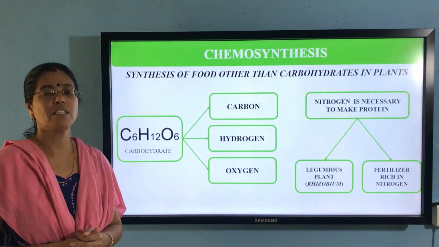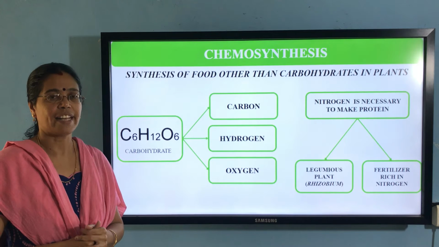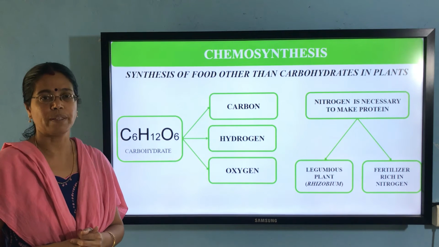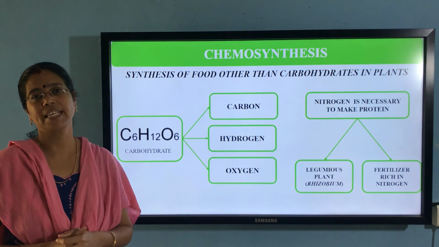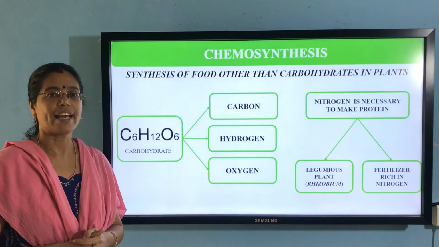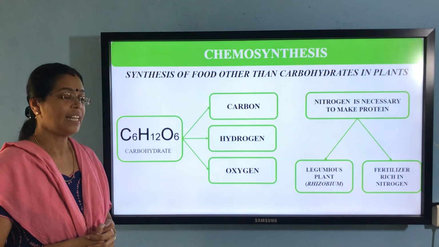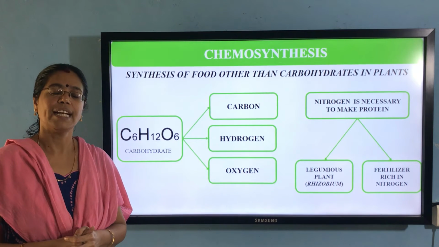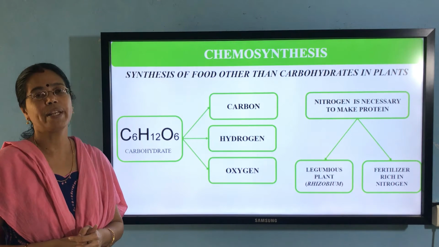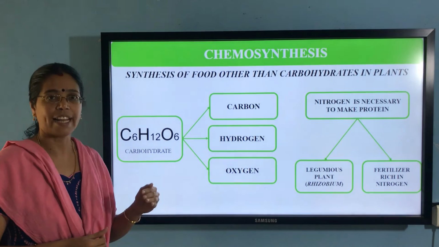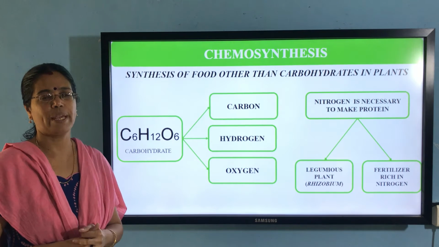But for the synthesis of protein, the plant needs nitrogen. Nitrogen is present in plenty in the atmosphere, but no living organism can take nitrogen directly from the atmosphere. That is why the soil contains some microorganisms that can fix atmospheric nitrogen in usable form. The plant can take the nitrogen from the soil in this way.